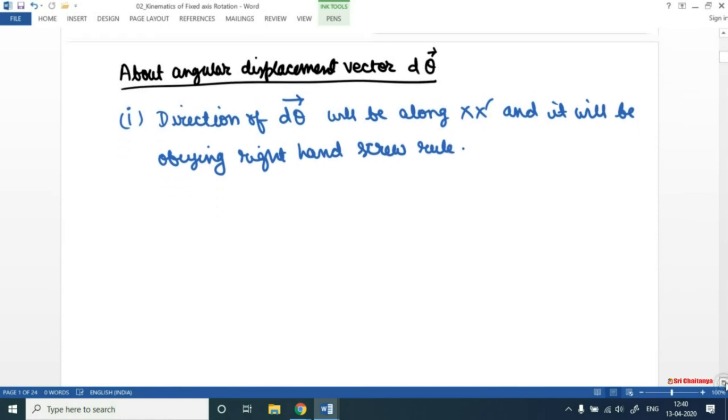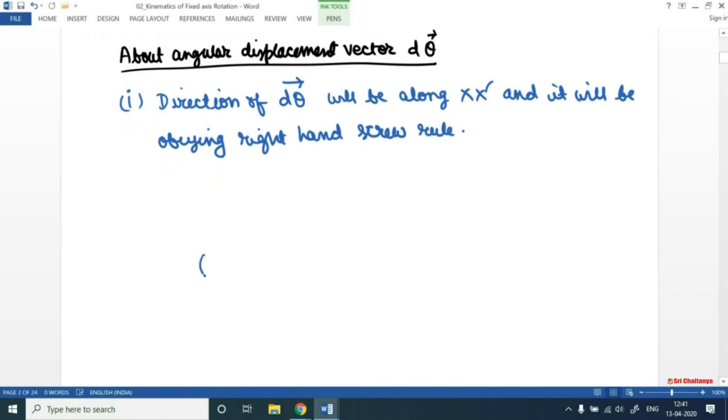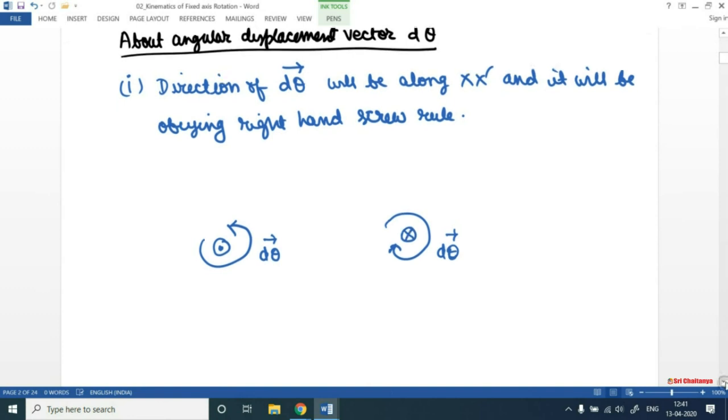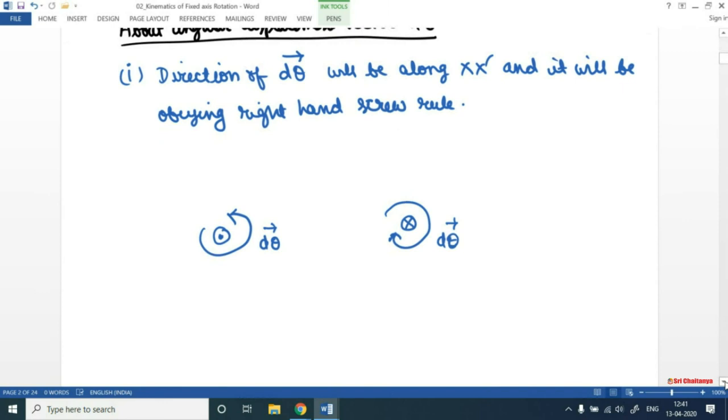Okay, the meaning of this is, the curl is anti-clockwise, so in that case the direction of thumb would be outward. So the direction of vector would be like this. So if angular displacement is anti-clockwise, its direction would be outward, and vice versa also. If it is clockwise over here, the sense of rotation is clockwise, then it would be inward. Okay, so that is how we choose the direction of angular displacement vector.